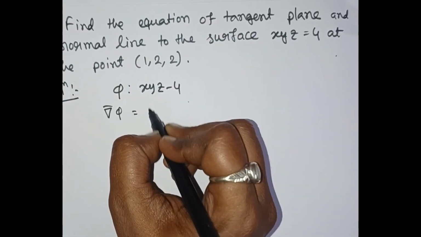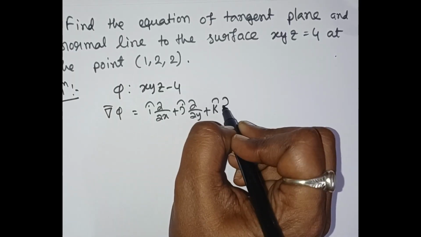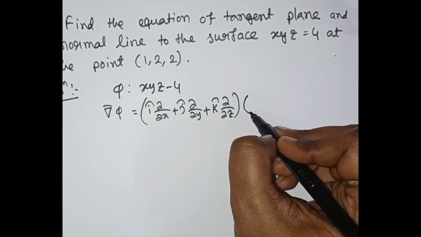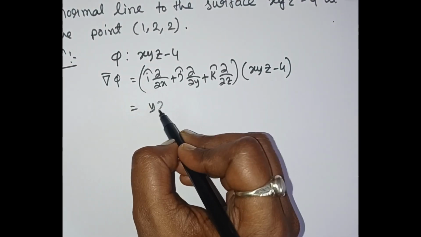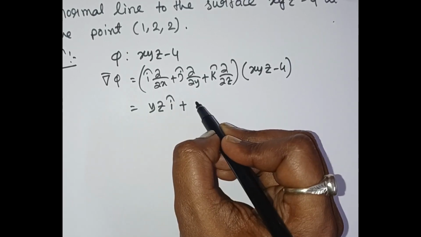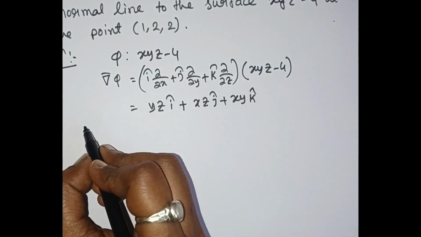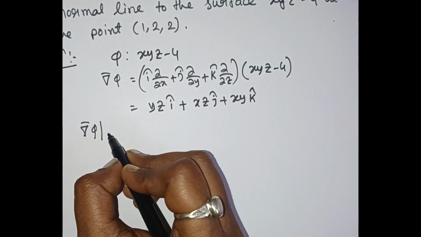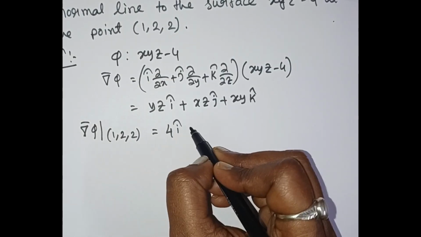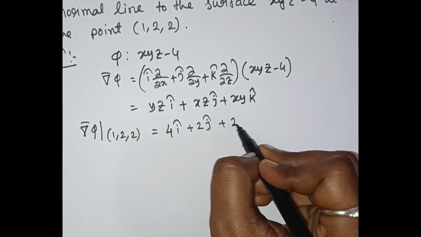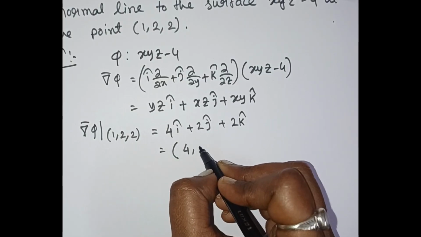Grad phi is equal to i del del x plus j del del y plus k del del z of phi, that is xyz minus 4, which is equal to, with respect to x, yz i cap plus xz j cap plus xy k cap. And if we want to find the value of this at the point (1, 2, 2), just put the values. So 4i plus 2j plus 2k. We can also write this as a tuple (4, 2, 2).